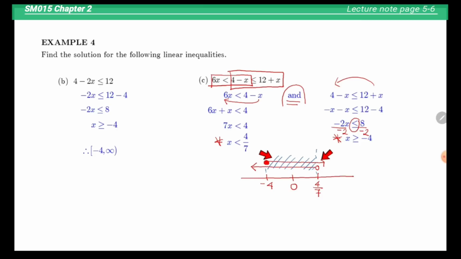So we can write the answer like this: x is between negative 4 closed and less than 4 over 7 open, in the form of a solution set. Or we can write it in the form of an interval, which is x is in between negative 4 closed and 4 over 7 open.